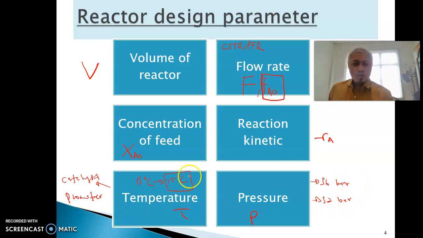Okay, so these all are important in designing a reactor. So I gave you an example of a steel manufacturing process, CO2 crystallization. That's why I previously mentioned that we need to know what kind of reaction we have before we design a reactor.